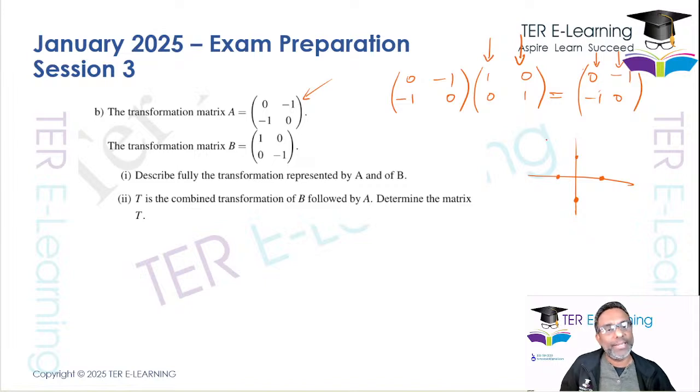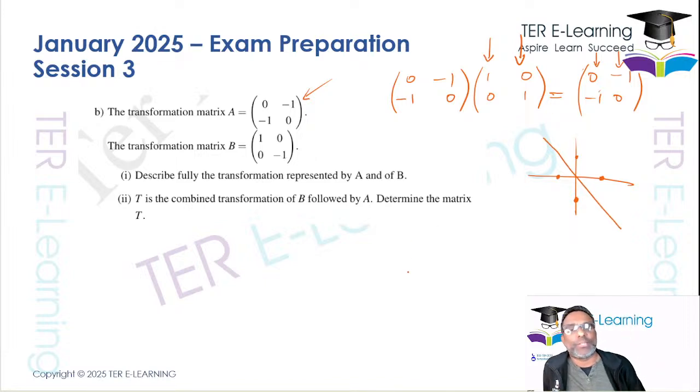So what's happening here seems to be a reflection in the line y is equal to x, minus x, sorry. This here is the line y is equal to minus x. So this first matrix, A, is a reflection in the line y is equal to minus x.